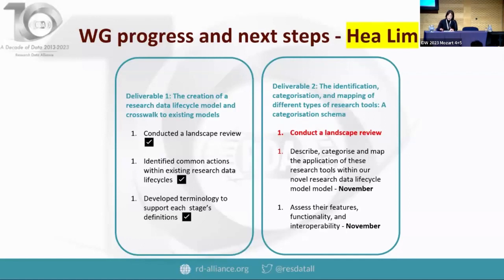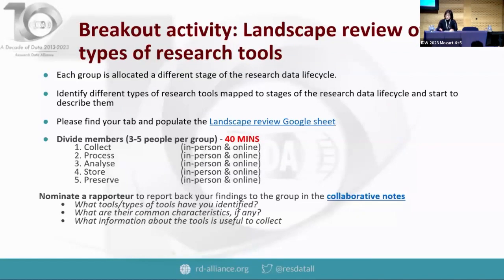Finally, we will then assess their features, functionality, and interoperability to generate a new categorization schema. Now, I will hand you over to Connie, who will be talking you through the breakout activity that we'll be using to conduct this landscape review.